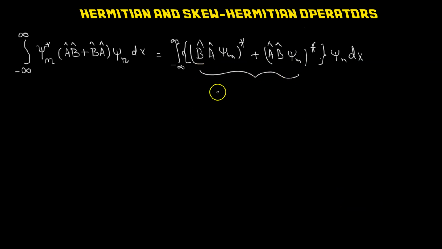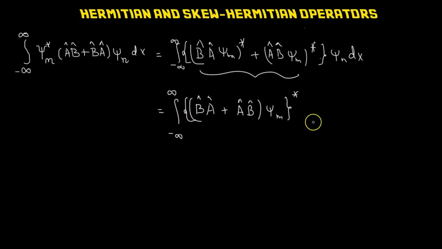This expression can also be rewritten as BA plus AB operating on the eigenfunction psi m, then we take the conjugate of it and multiply it by psi n dx.